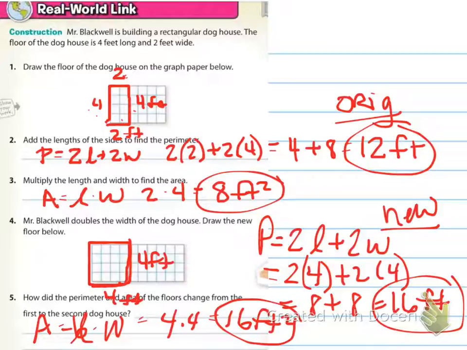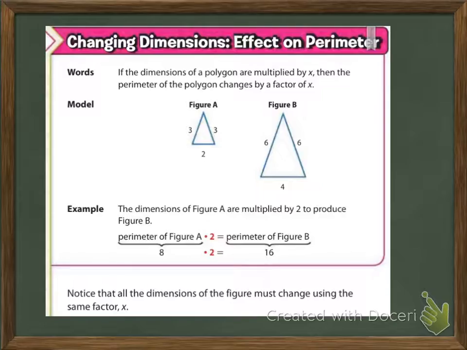You notice that when we doubled one of the lengths or widths, it doubled our area, but it does not double our perimeter. So keep that in mind: just because we multiplied the width by 2 doesn't automatically double our perimeter, but it did double our area.